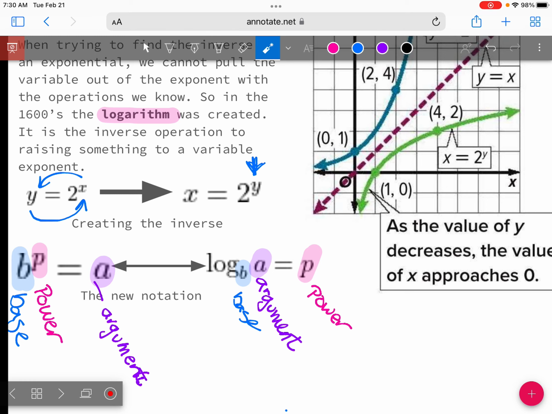And the whole point is so I can take what was a power here, and look, my power becomes what this whole thing equals. So whatever my y was up here, if I switch this into logarithmic notation, which is fancy schmancy talk for that thing with the log in it, what was my power becomes what the whole thing equals.